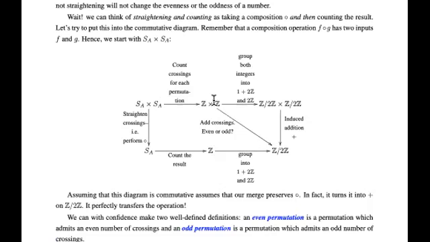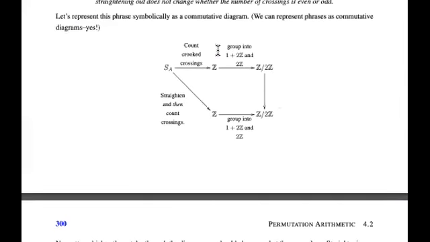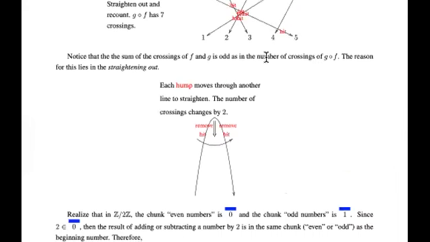So we have a number in Z and another number in Z. And then we see, okay, is this odd or even? And then we take odd or even, and then we add the result to get here. So this is a description of what we were talking about to make sure that that actually worked.